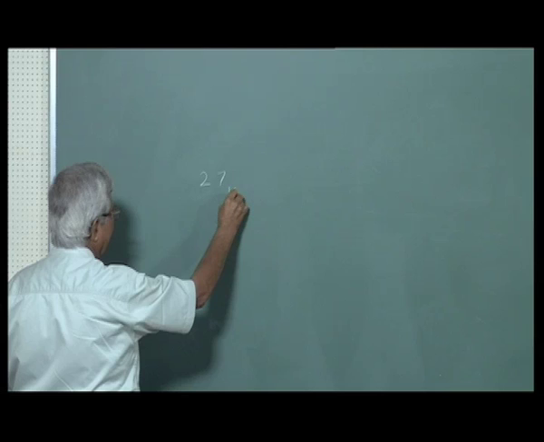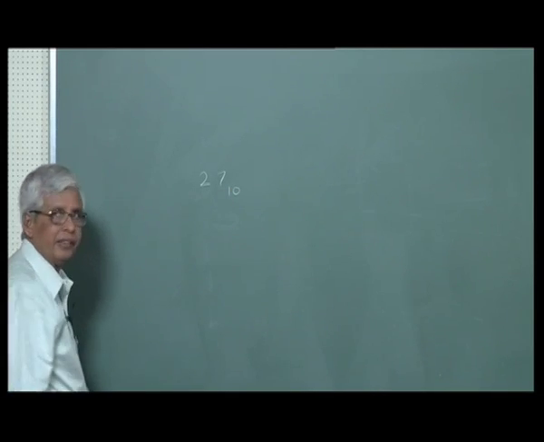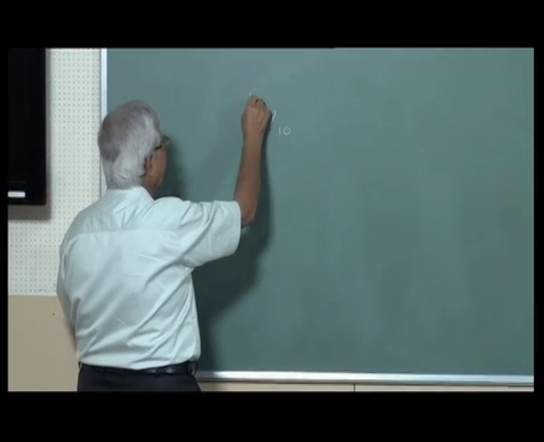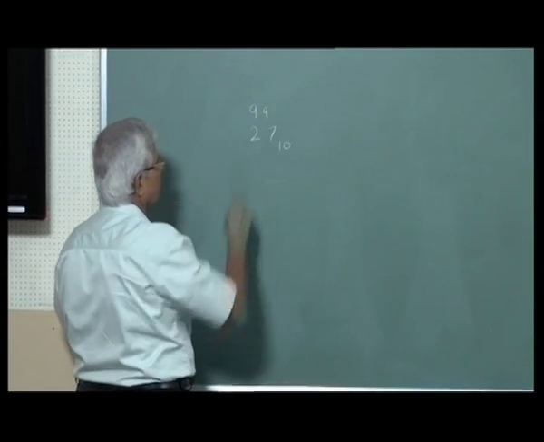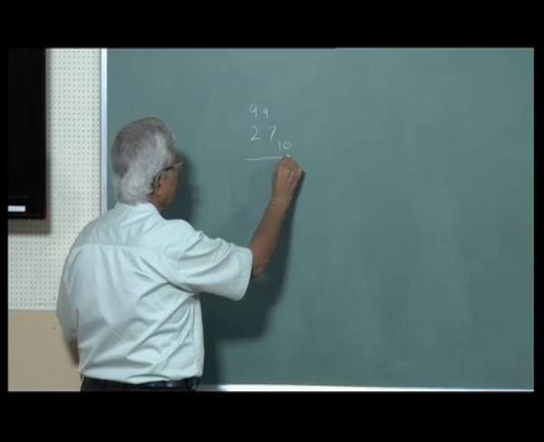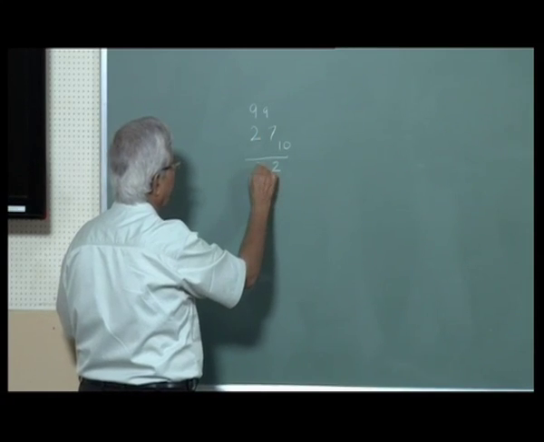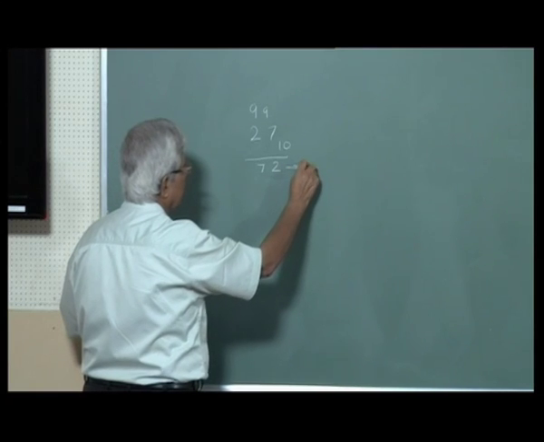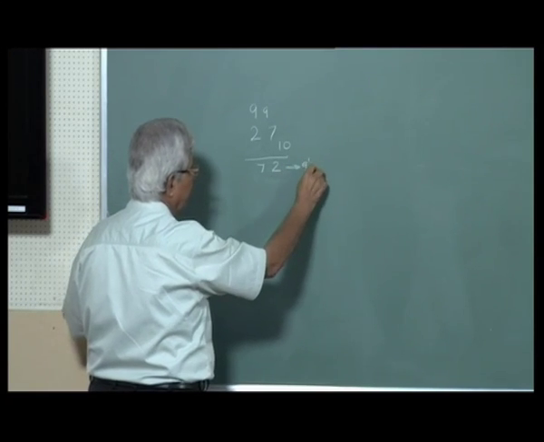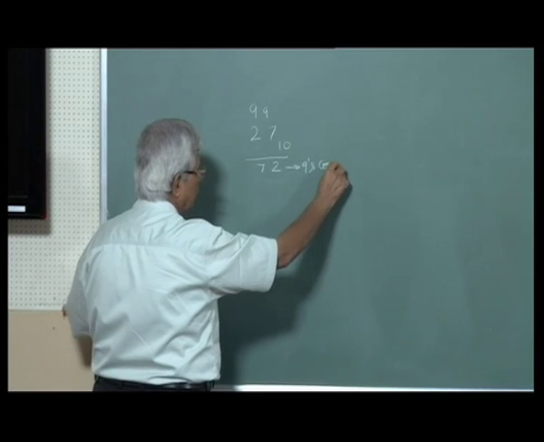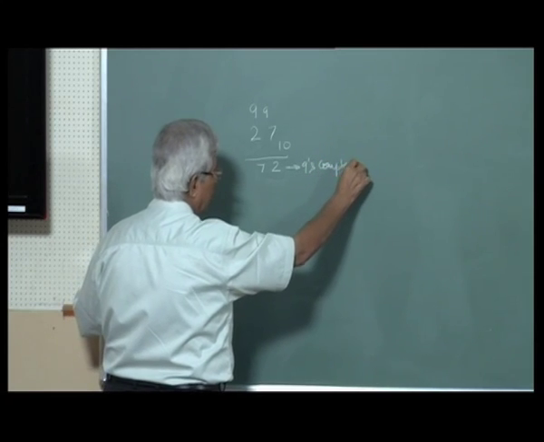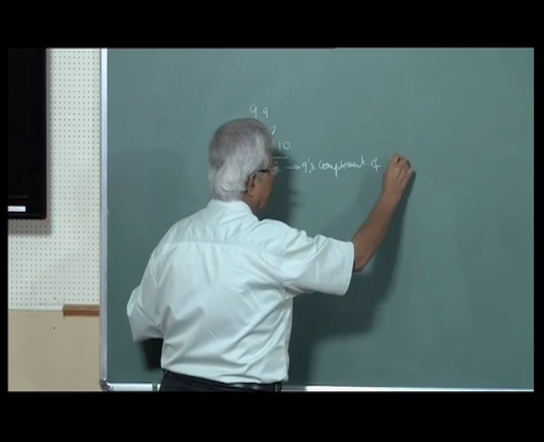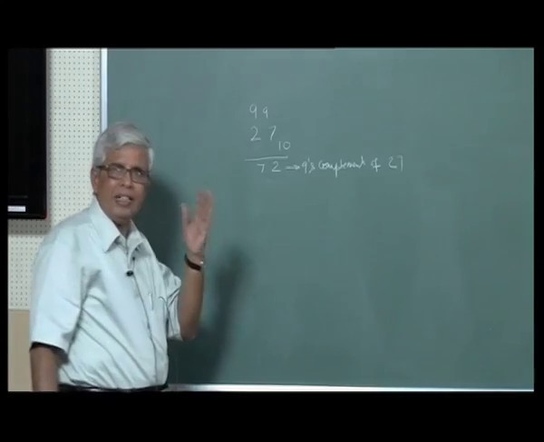You put the label here to indicate it is a decimal number. So for the 9's complement of this, I subtract it from 99. So it becomes 7, 2. So 72 is the 9's complement of 27.